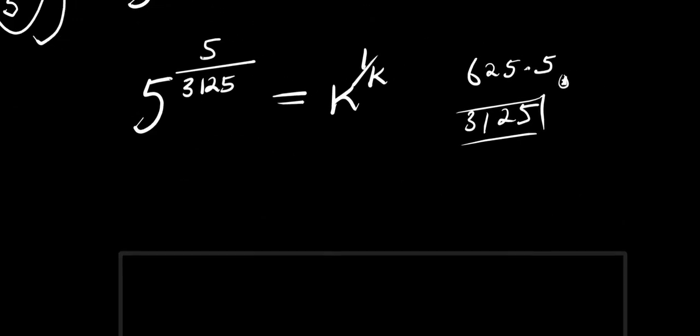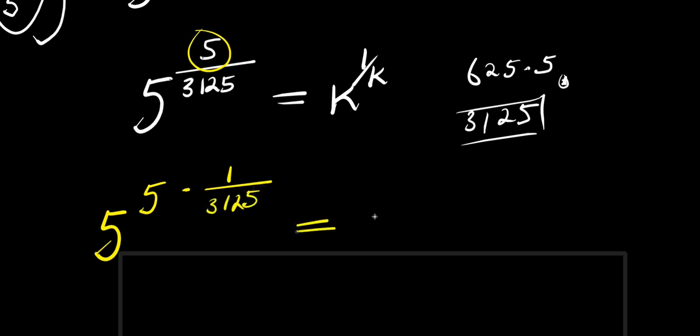Next step will be to factor out these 5s. So we simply have 5^5 times 1 divided by 3125 equals k^(1/k).